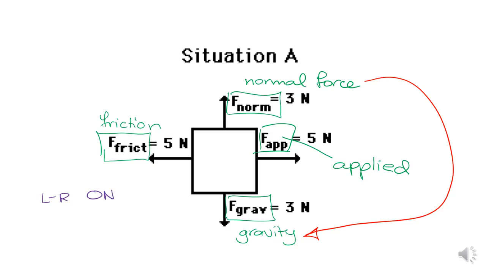And then upwards from the normal force, I have 3 newtons, and downwards from gravity, those two forces cancel, so I have 0 newtons vertically. So overall, this object, because we don't know what it is, we just know that it's an object, has 0 newtons acting on it in any direction. We call that an object at equilibrium.